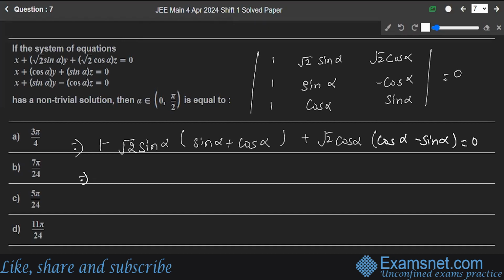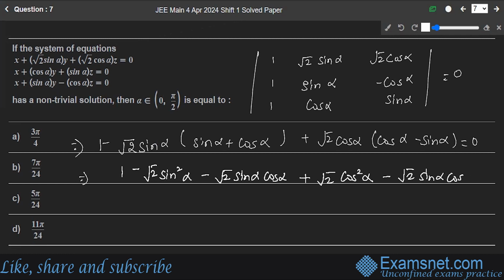This will give me 1 plus root 2, so this is sine square alpha. Let's open it up. Wait, this is 1 minus root 2 sine square alpha minus root 2 sine alpha cos alpha, root 2 cos square alpha minus this sine alpha cos alpha. This is equal to 0.